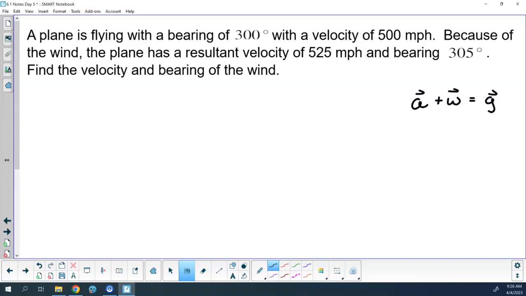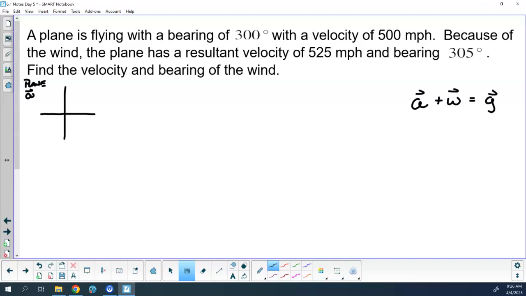It's A. Okay? So that's A. So let's figure out vector A first. Let's start by figuring out what the trig angle of it is. Okay, so our plane is going to be A.